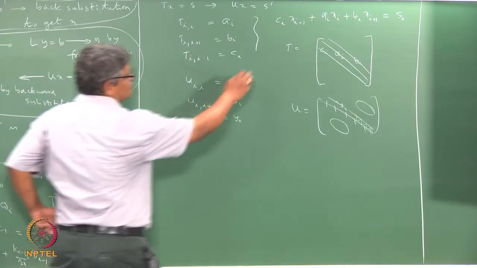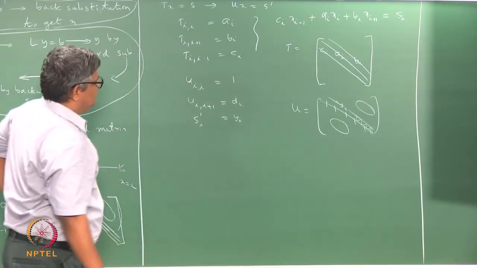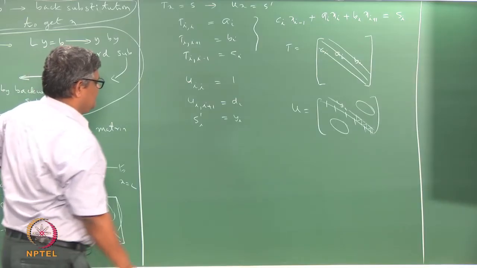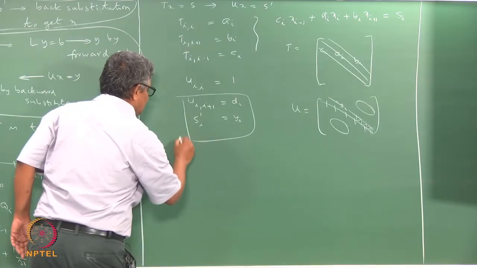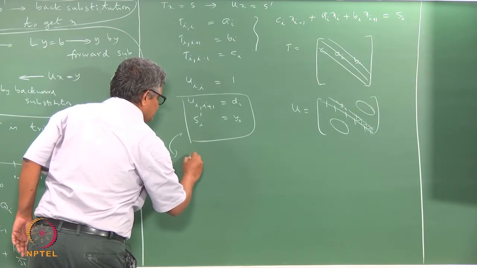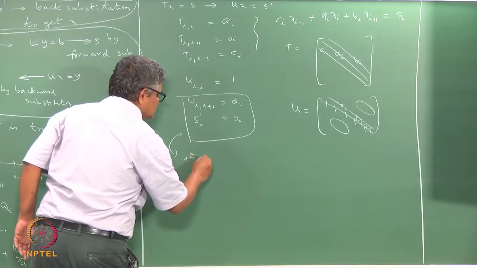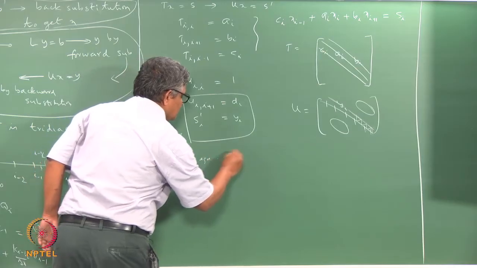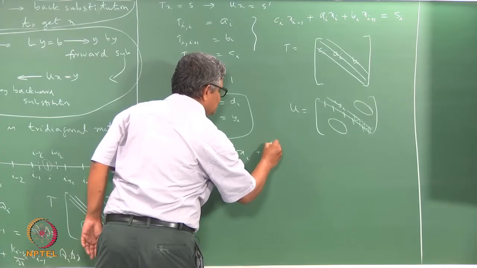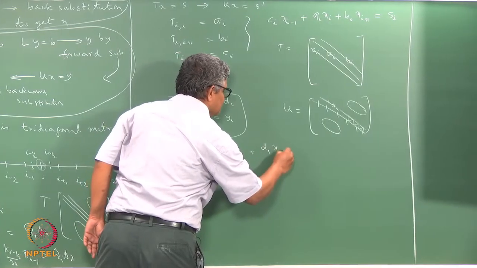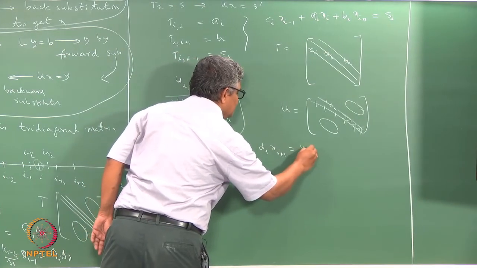So when we write an equation like this, the ith equation is written as xi plus di xi plus 1 equal to yi.